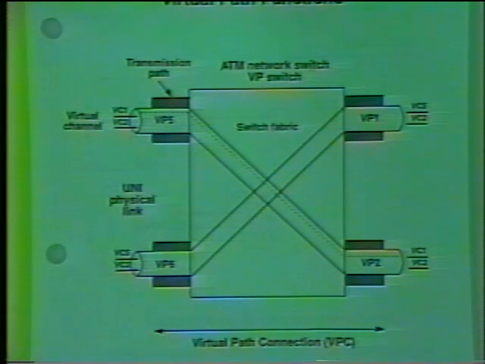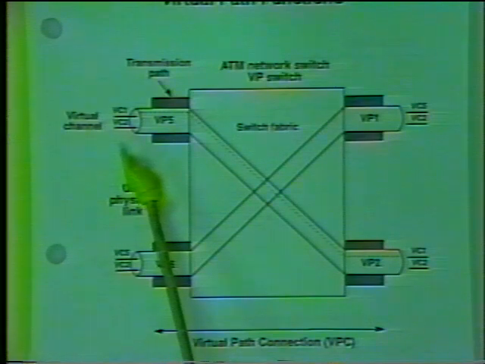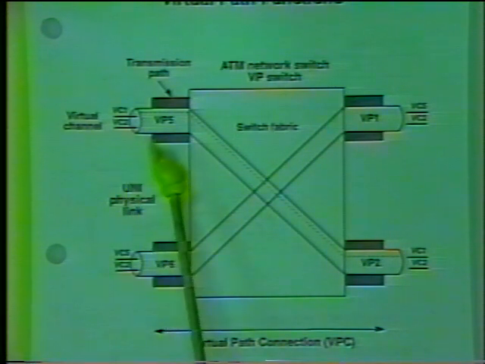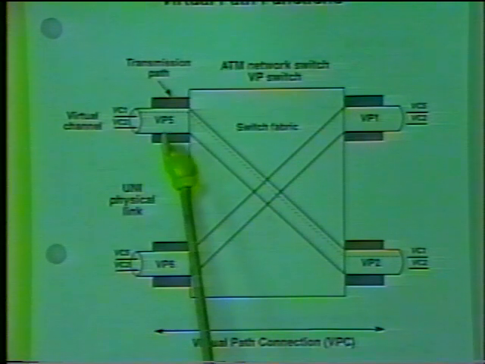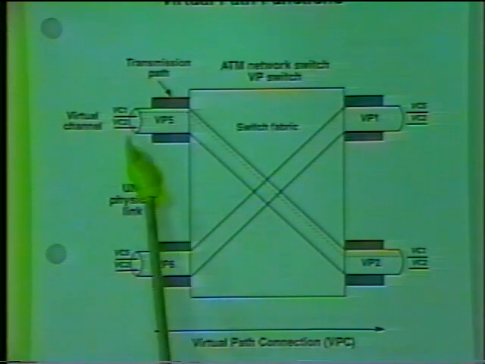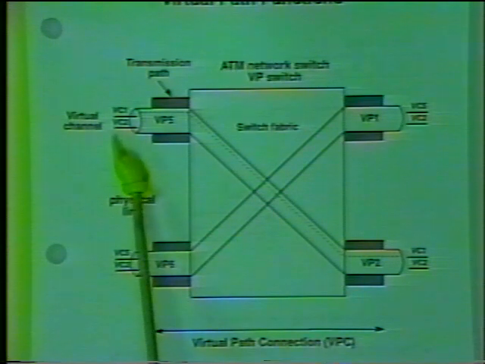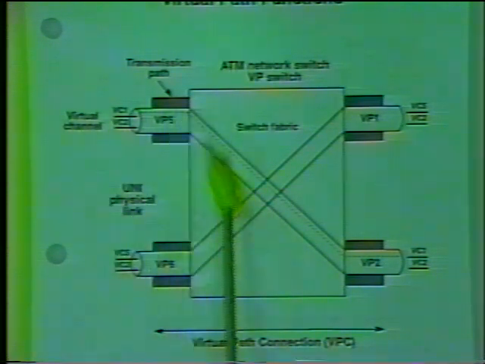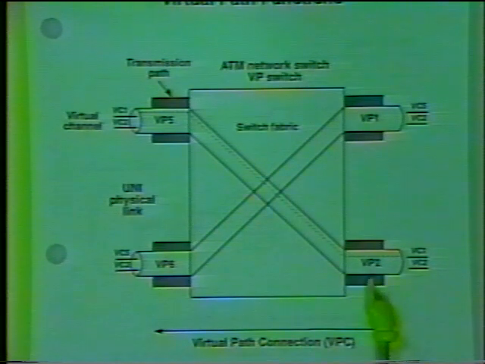In this example, we have some ATM node out here transmitting information who's hooked up to virtual path 5, and then virtual path 5 has two virtual channels labeled 1 and 2. When he sends information, he'll be physically hooked up to virtual path 2, and in this case, virtual path 2 has virtual channel 1 and 2.